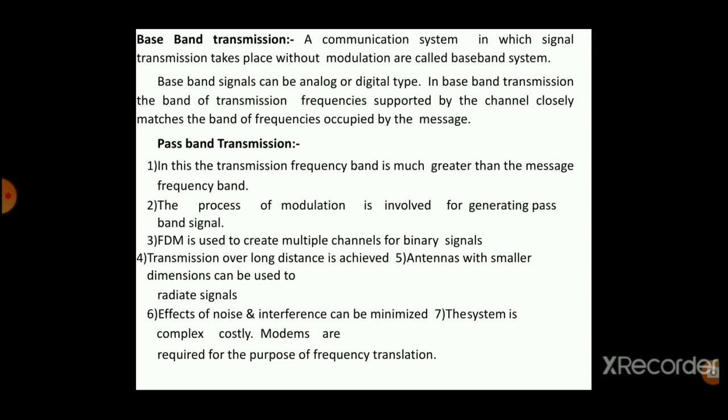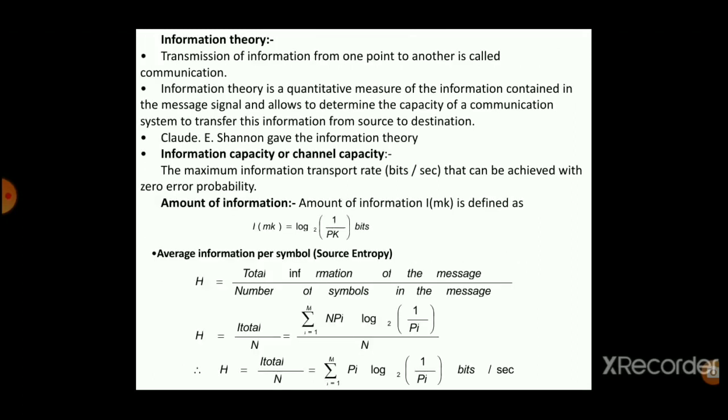Fourth one, transmission over long distance is achieved. Fifth one, antenna with smaller dimensions can be used to radiate signals. Sixth one, effects of noise and interference can be minimized. The system is complex and costly. Modems are required for the purpose of frequency translation.